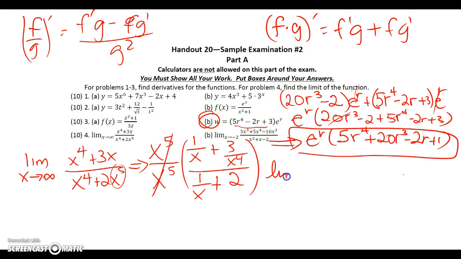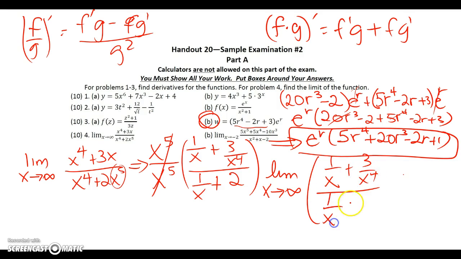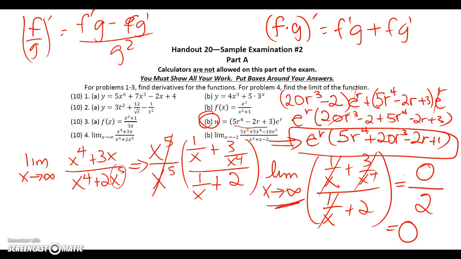So now what I have is the limit as x goes to infinity of 1 over x plus 3 over x to the 4th, over 1 over x plus 2. Well, anytime you have an x in the denominator and we're taking the limit as x goes to infinity, that thing's going to 0. So my numerator is 0. Now, we need to make sure, though, that our denominator isn't 0. So we'll double check that. Well, this goes to 0, but we still have a 2. So it's 0 over 2, so the limit is 0.